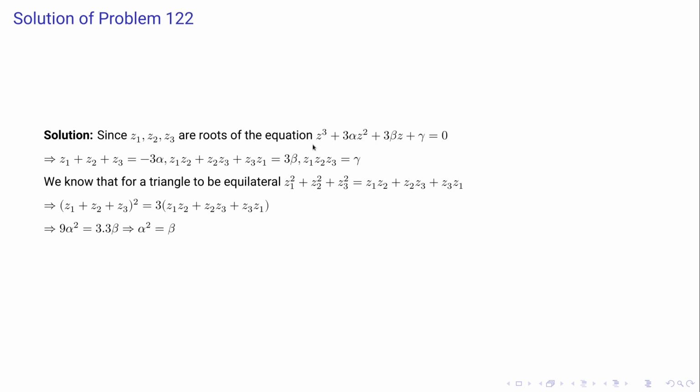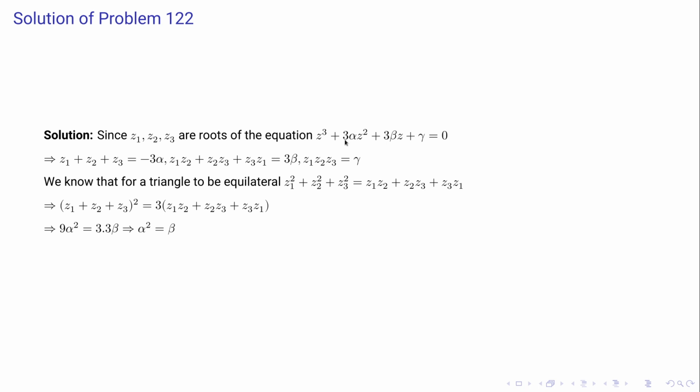Now you know that if there are three roots alpha, beta, gamma of a cubic equation, then x minus alpha into x minus beta into x minus gamma is equal to 0. When you will multiply them, you will find that the equation is x cube minus alpha plus beta plus gamma into x square plus alpha beta plus beta gamma plus gamma alpha into x minus alpha beta gamma.